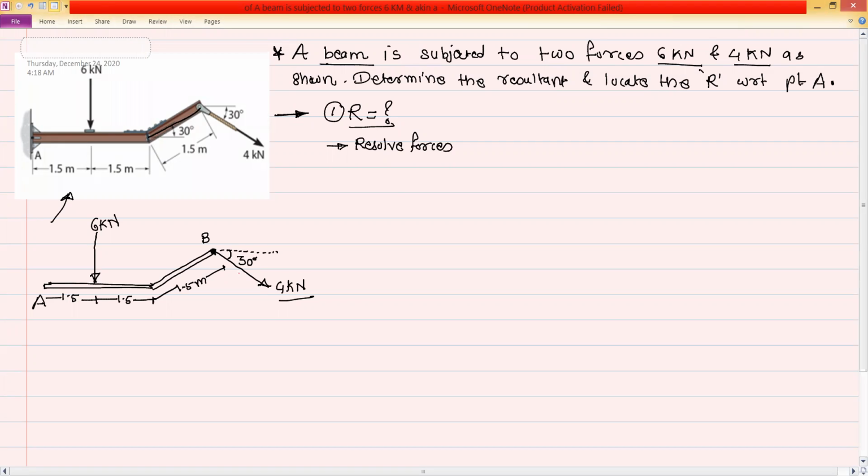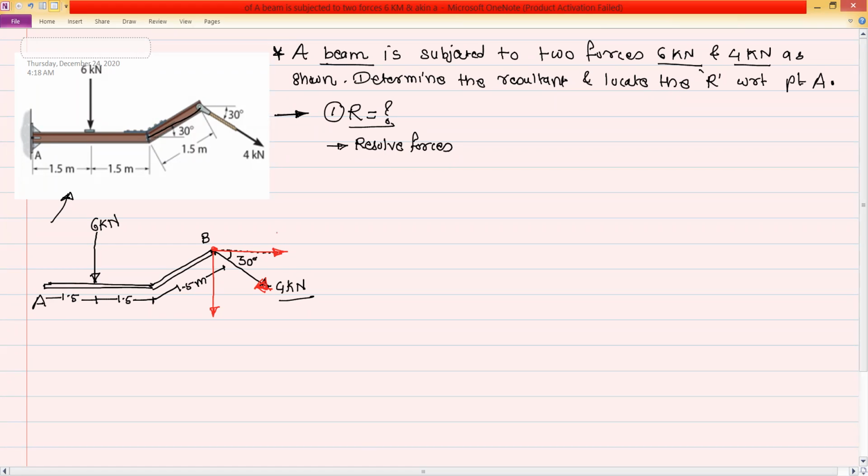So when we resolve the force, just observe the direction of this vector. So this is the direction. So consider this is the x component and this is the y component. So angle 30 degree, it is with respect to x axis. So x component, it will be adjacent component.